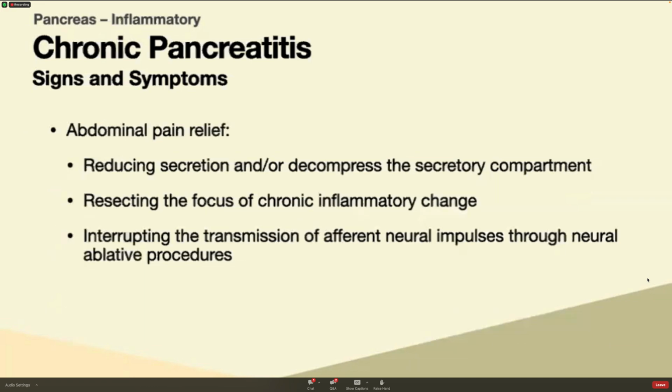To relieve the pain, some of the strategies are to decompress the pancreatic duct, to reduce the secretion of the pancreas, and to resect the area where there is chronic inflammatory change.